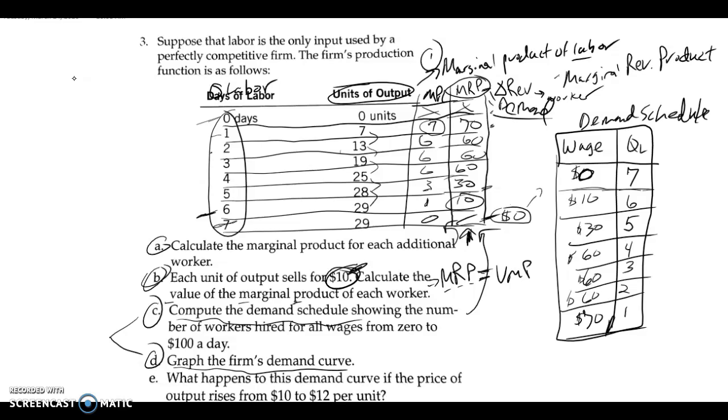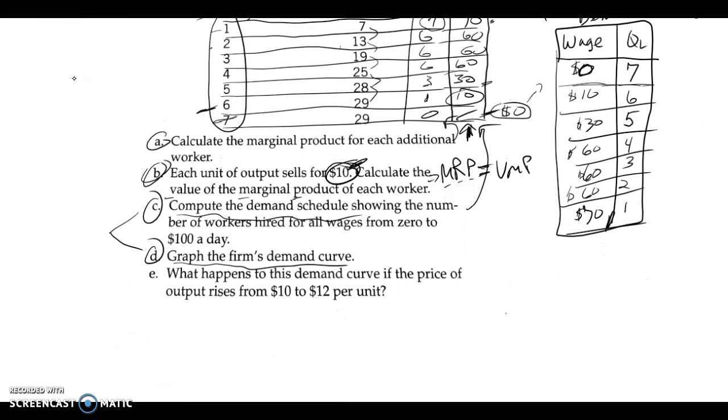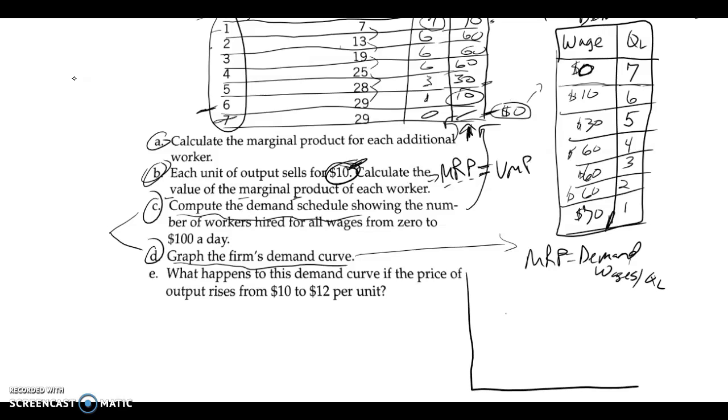Then the next thing it asks us to do is to plot that, to graph the firm's demand curve for workers. We know that MRP equals the demand curve. Demand is made up of wages and the quantity of labor. This is wages, and this is the quantity of labor.